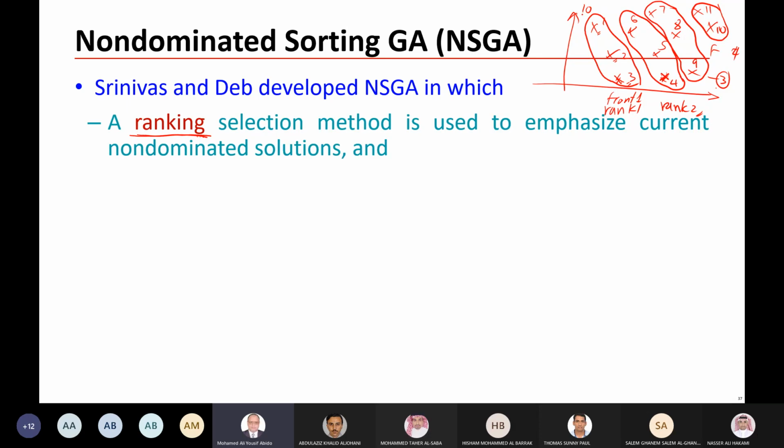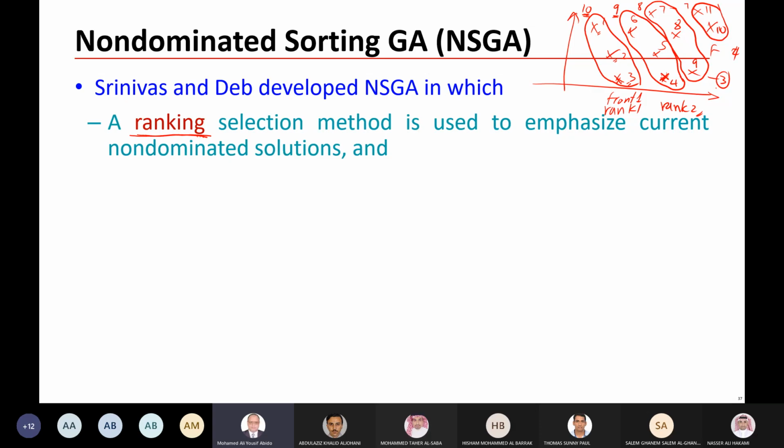And let us subtract some value, 1, 2, 3, epsilon, whatever, for rank 2. Rank 2, you can have it 9. All the solutions here are given a dummy fitness equal to 9. All the solutions here are given a dummy fitness equal to 10. And then this 8 and this 7. And you have a dummy fitness which reflects the dominance of the solution.